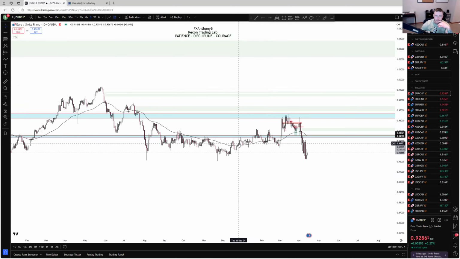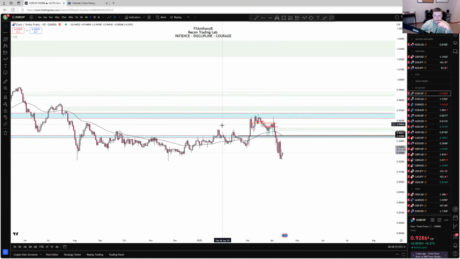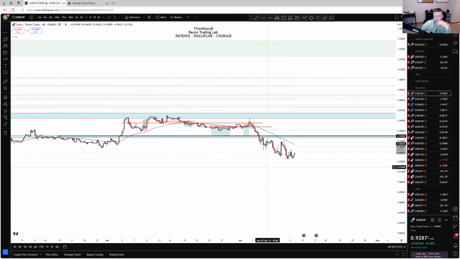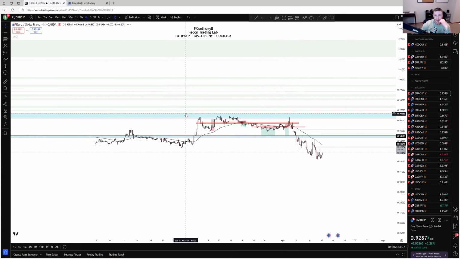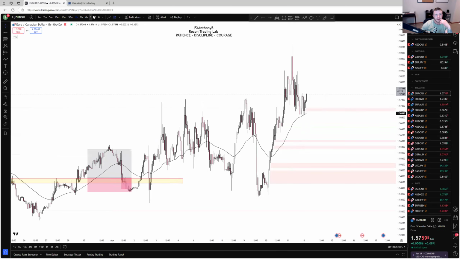Maybe. I don't like this one really. I mean, daily looks good as a pattern here. 4 hour is kind of just pushed away though. 1 hour. Yeah, I don't like this one. No, thank you.